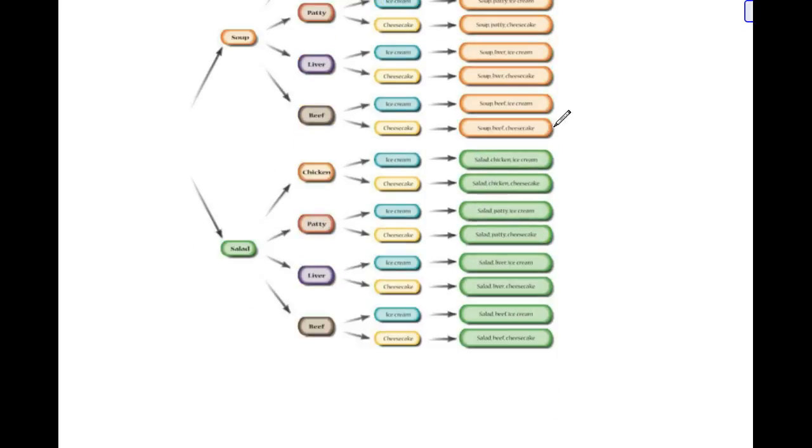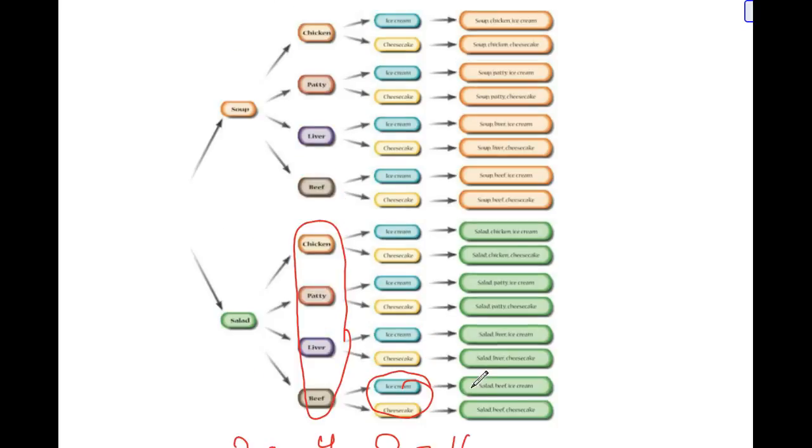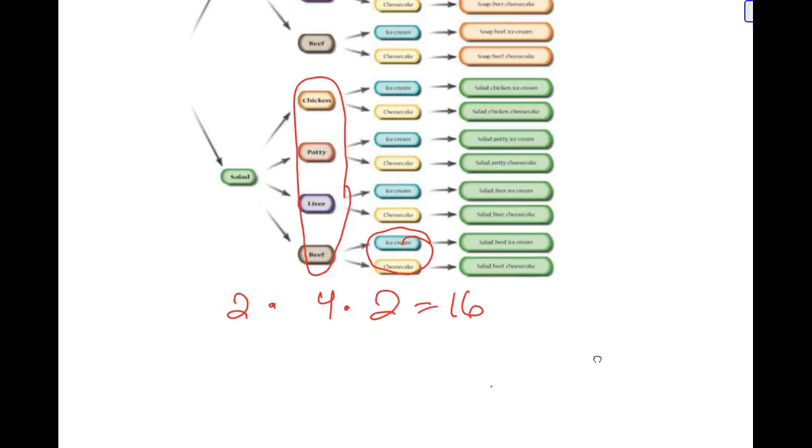If you realize there are 2 possibilities for appetizers, there are 4 possibilities for your entree, and there are 2 possibilities for your dessert. So 4 times 2 gives me 8, times 2 again gives me 16 different meal possibilities. And if you notice, 1, 2, 3, 4, 5, 6, 7, 8, 9, 10, 11, 12, 13, 14, 15, 16.